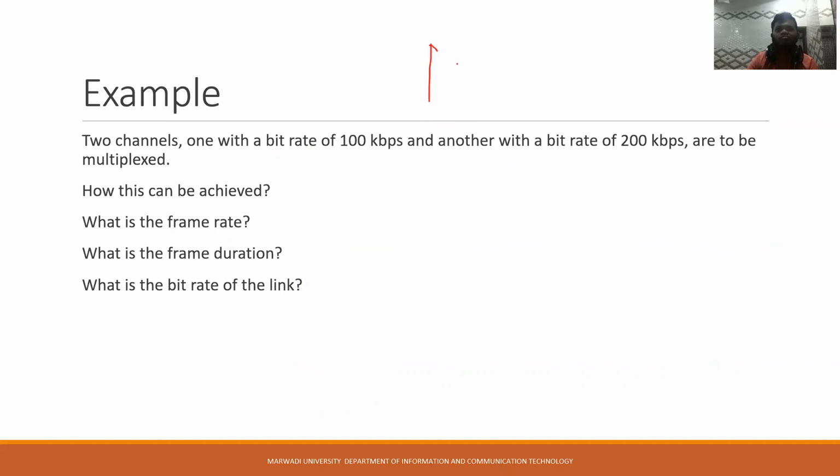We have already seen this. Here we can have a multi-slot allocation. First, we can send the 100 kilobits per second, and the next, that is 200 kilobits per second, we do something like this.